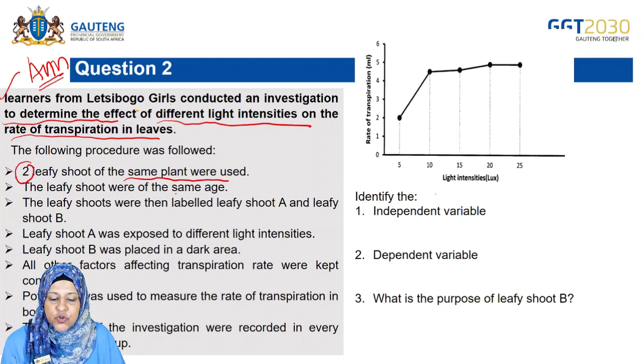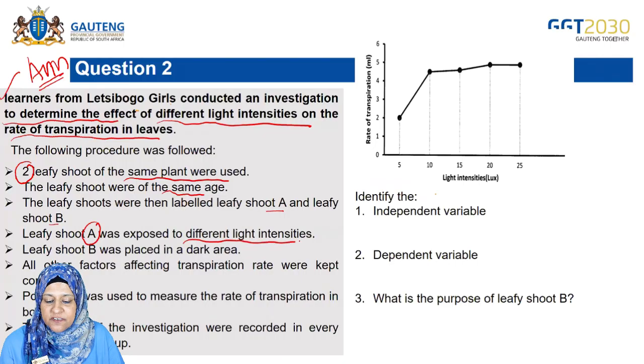The leafy shoots were of the same age. The leafy shoots were then labeled shoot A and B. Leafy shoot A was exposed to different light intensities, and leafy shoot B was kept in the dark.